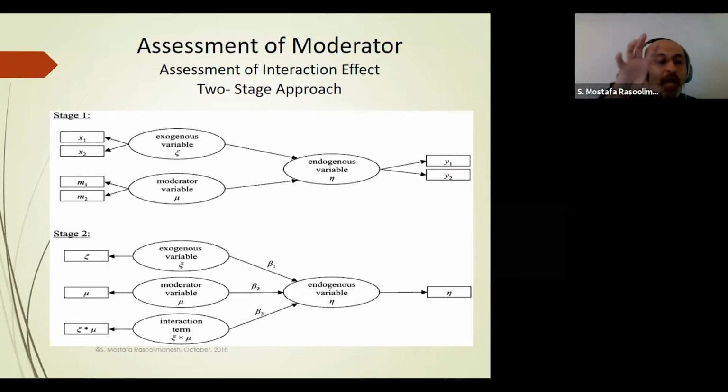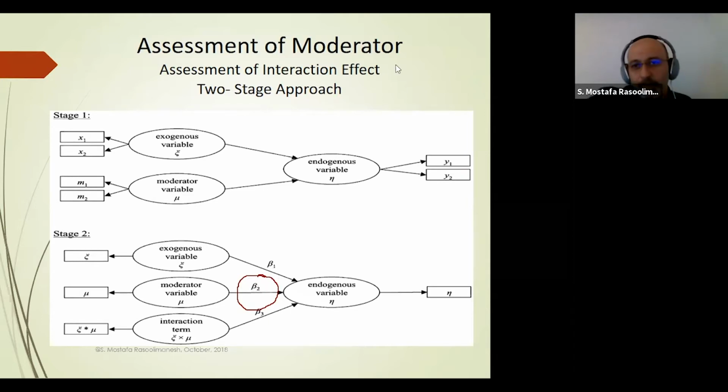In software, you have different choices for creating the interaction effect. But the most important thing for assessment of moderator is to assess the significance of this interaction effect.